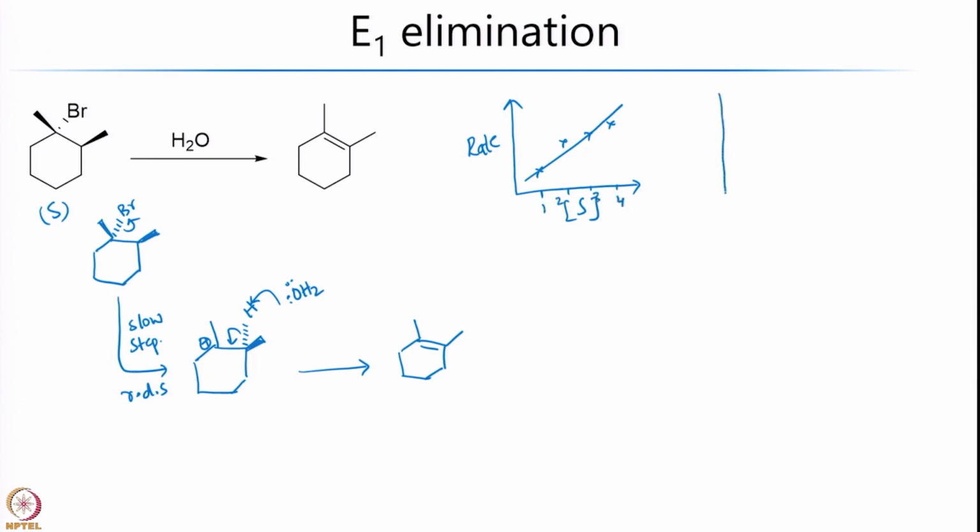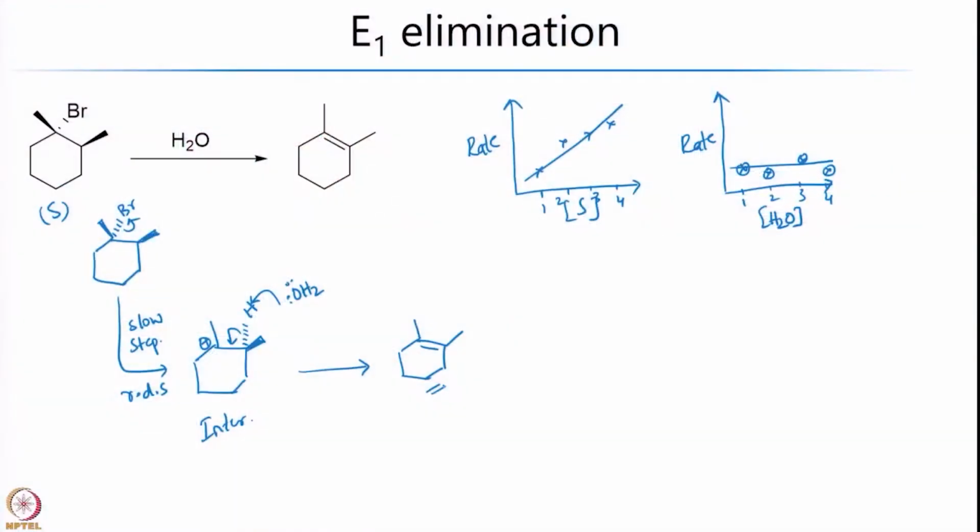Whereas if you look at the rate with respect to the water, it is invariant of the concentration of the water. So these are just data points. This would suggest that the mechanism involves only the substrate, that is the bromide, which one is investigating.